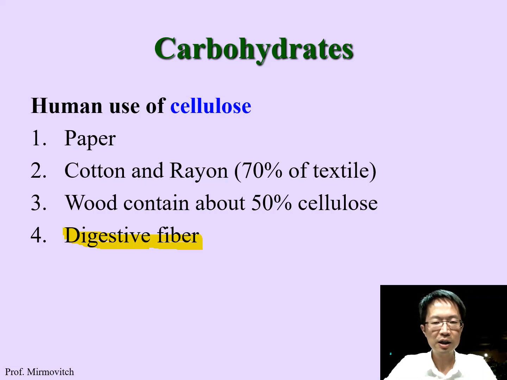When our GI tract is losing the smooth muscle due to aging, then our GI tract will not be able to contract as strongly as when we were young. In other words, it will have a more difficult time to pass the food down the GI tract. When this happens, it will cause constipation as well.